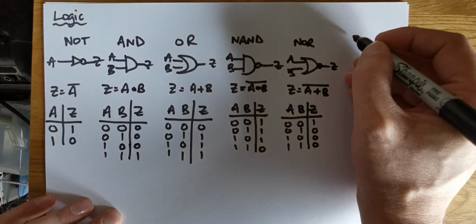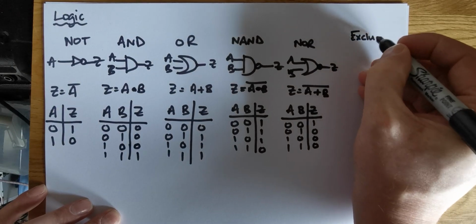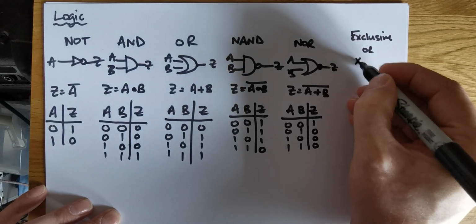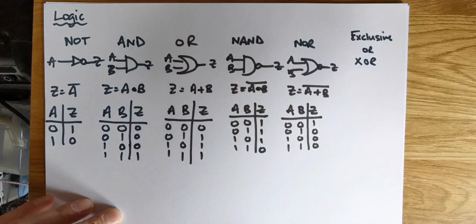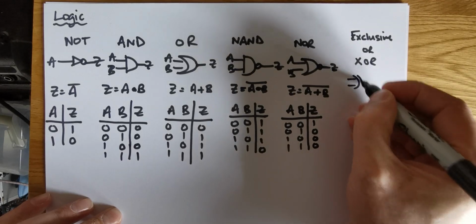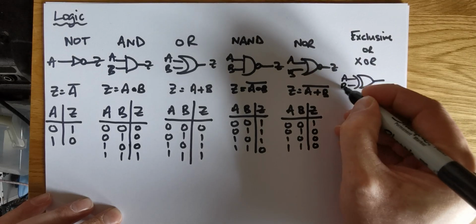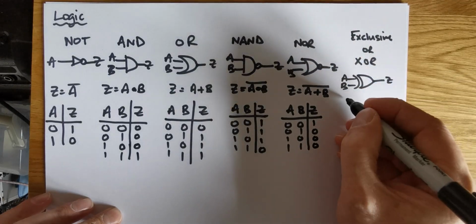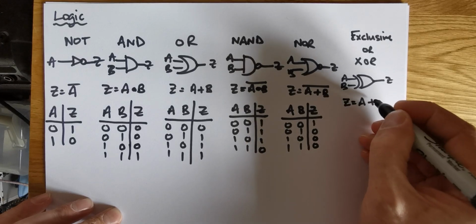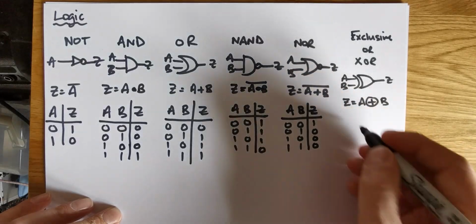And then the last one we introduced you to was the exclusive OR gate. It's called an exclusive OR, sometimes abbreviated to XOR or EOR. The symbol has the double line there, A, B, Z. The Boolean term is A XOR B, so you put the OR sign inside a circle.